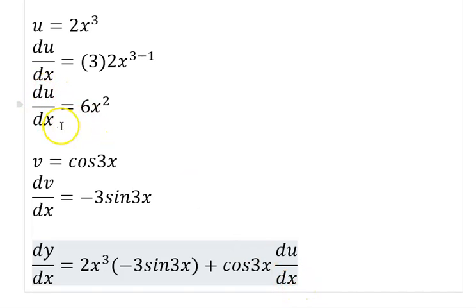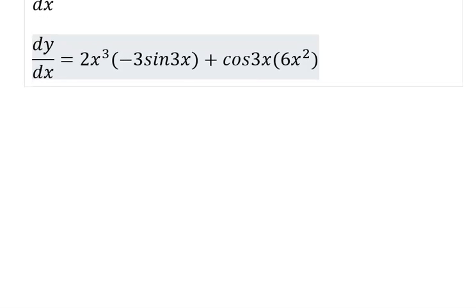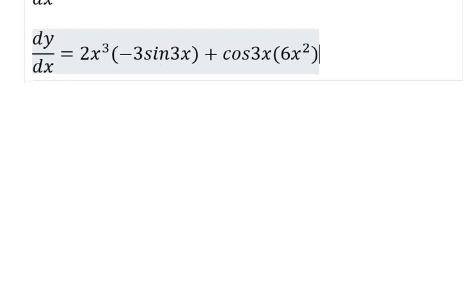This is our du dx, 6x squared. Beautiful. So having done that, we've been able to insert all our values inside our formula.